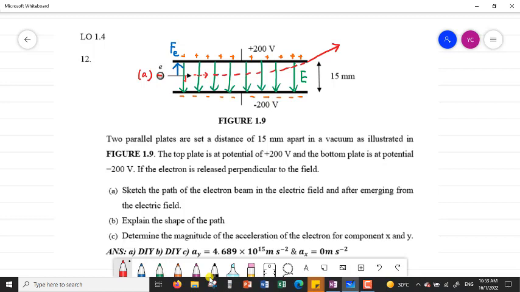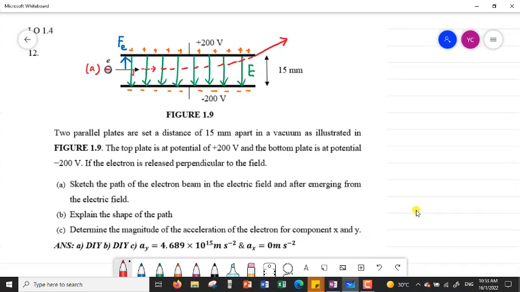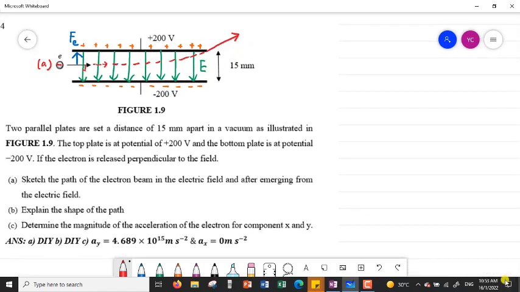Then B, explain the shape of the path. The electron performs projectile motion, so we have to explain how come we get this kind of path of motion. We can break it into two.